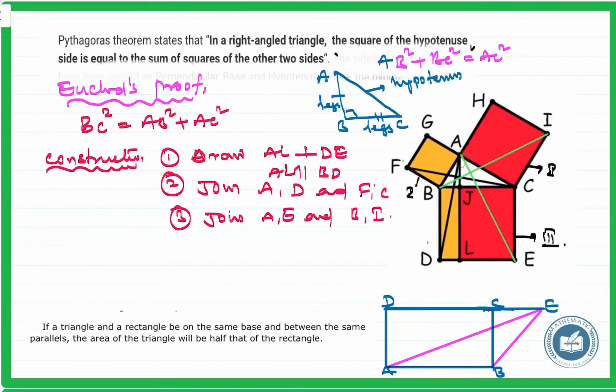This is the construction required to prove this theorem.